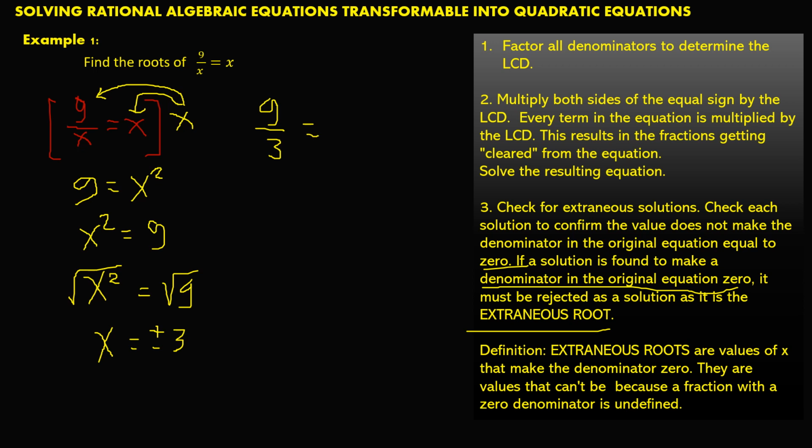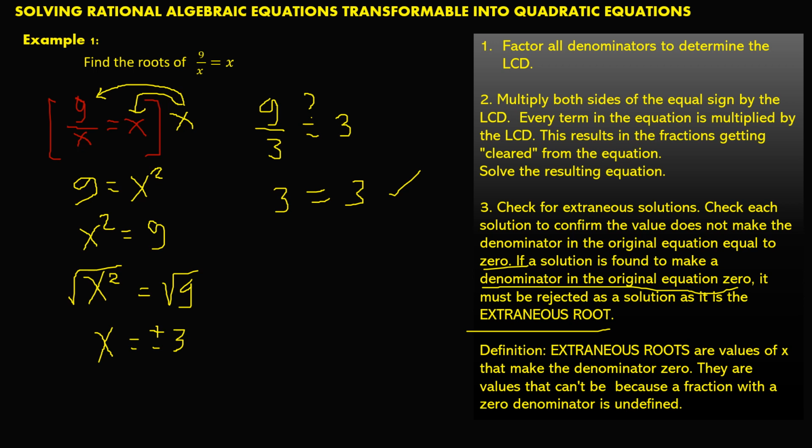is equal to x, but x is 3. It's still a question because we have not finalized it yet, but 9 over 3 is 3, so 3 is equal to 3, so it's a check.